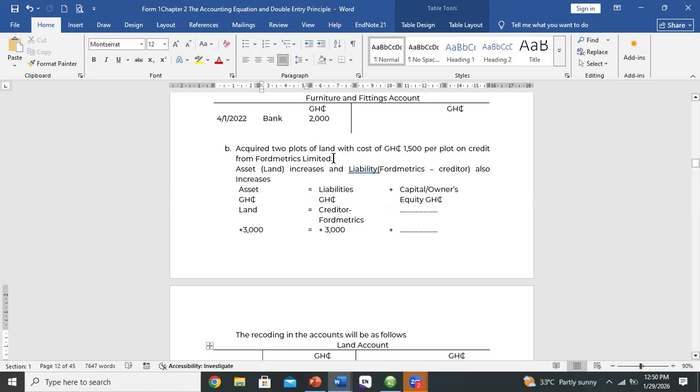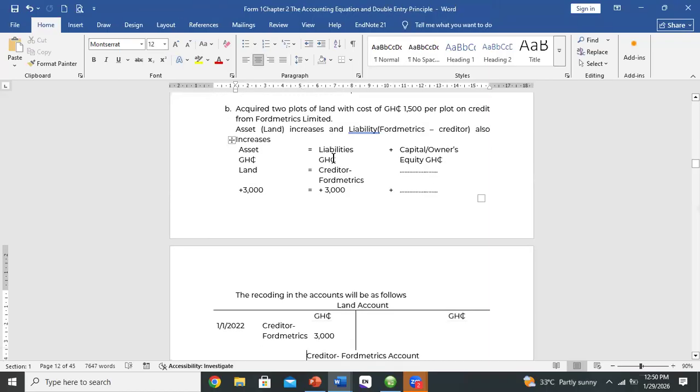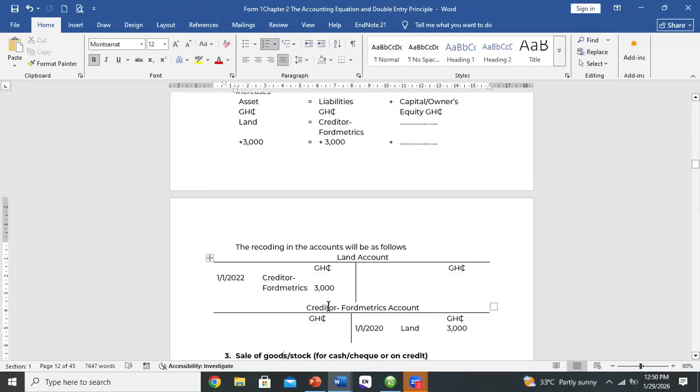You open that creditor's account and you credit it, because it's a liability and it's increasing. So the entries here are the land account and the creditor, Ford Metrics. You credit the creditor, and you debit the asset because the asset is increasing, and the liability is also increasing.